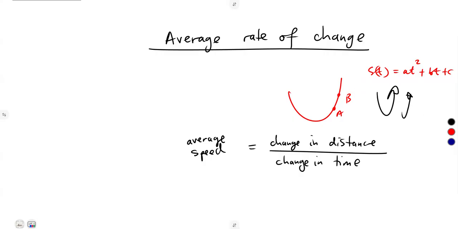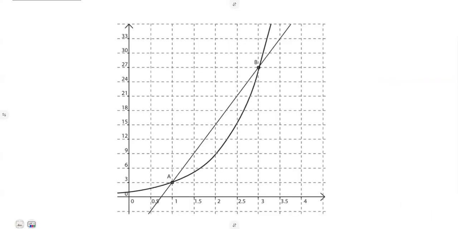All right, let's consider a graph of this nature. Let's say this is representing distance and time. This is our time here in seconds, and let's say this is our distance, which is in meters, all right?